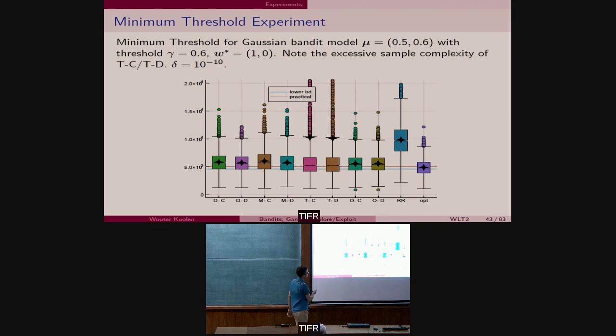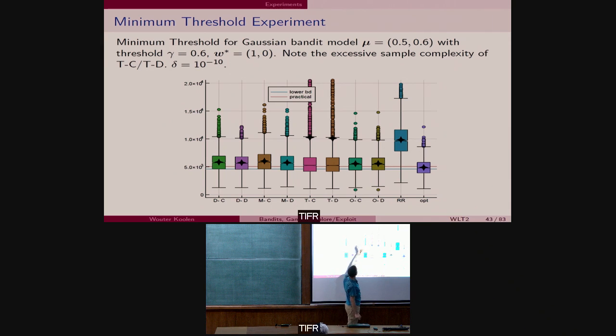So the optimal weights are just sample that low arm all the time. And now what happens is that everyone is okay, except for track and stop. The box plots look fine, which means that most of the time it's stopping at the same time as the others. But the mean stopping time is excessive.